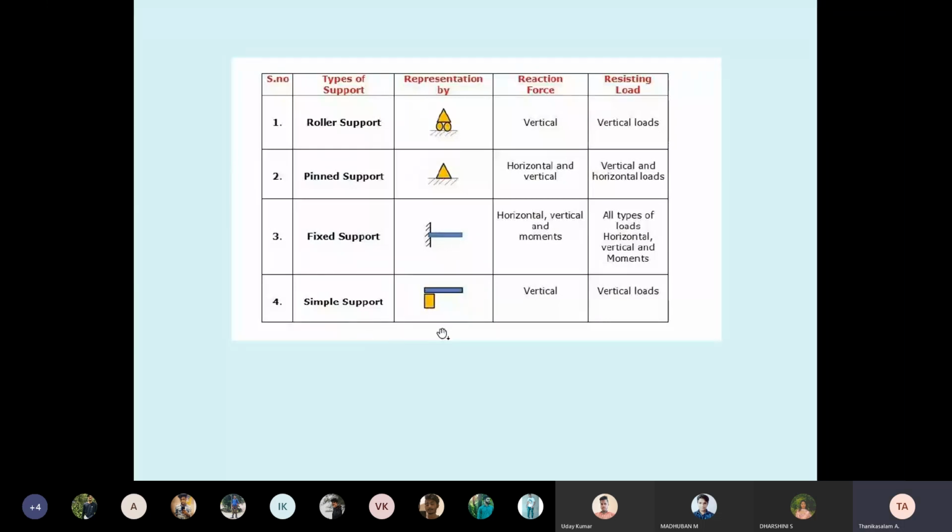And simple support is just holding, like putting a desktop or laptop on the table. Whatever subject we discuss, we use it in daily life. If you understand the daily life concept, the subject becomes very interesting. We study theoretically, but we see it live in day-to-day life.